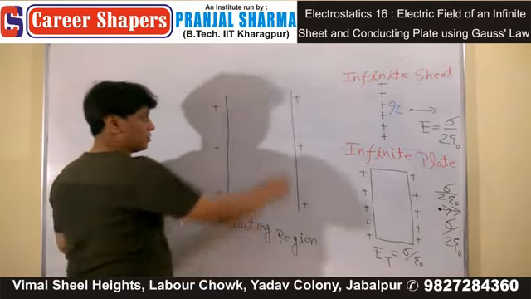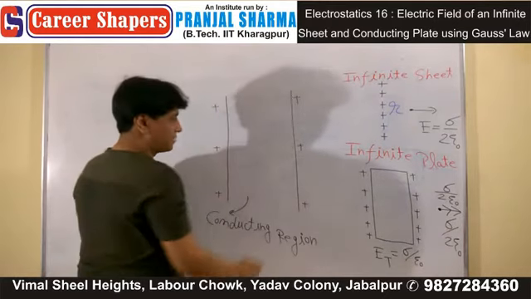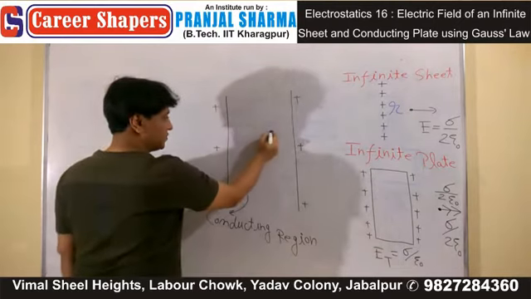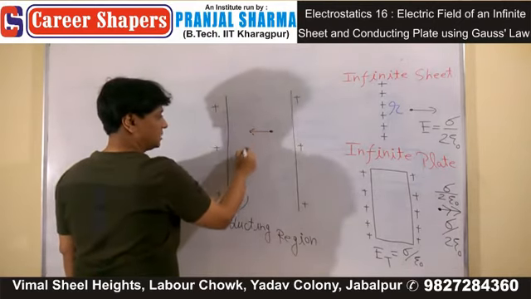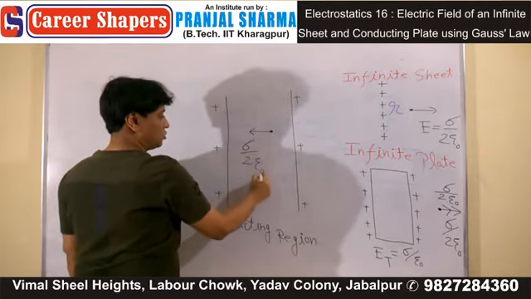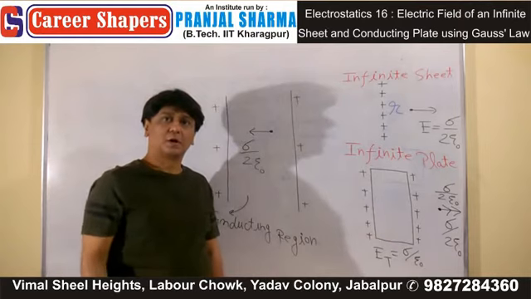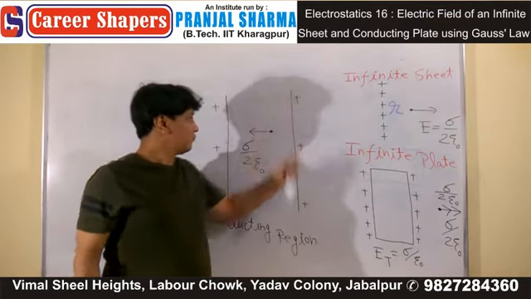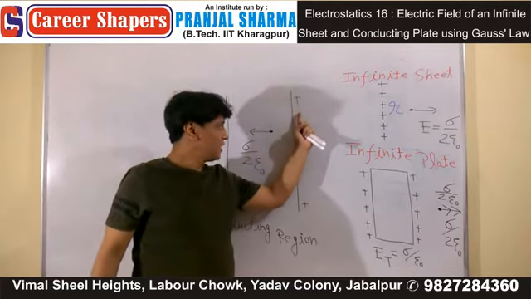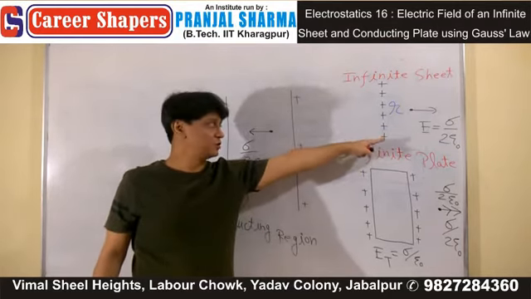Now, this infinite layer, its electric field over here is in this direction. Is sigma upon 2 epsilon 0. Forget about this. Electric field of an infinite layer is what? Sigma upon 2 epsilon 0.